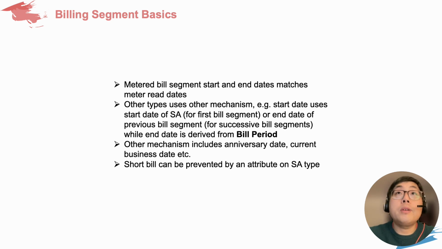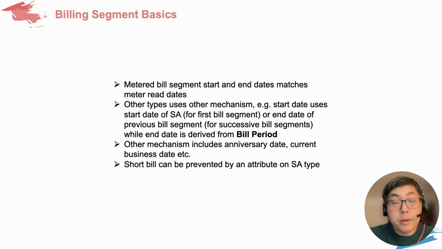And for the other types of bill segments, they use different mechanisms. Normally, the start date uses either the SA start date for the first bill segment, or the end date of the last bill segment, and the end date could be derived from an object called bill period.